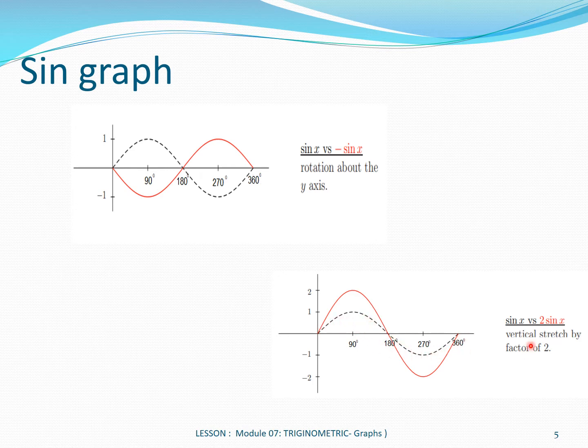Okay. Look at what happens if you change the coefficient, or rather the amplitude of the function. It says 2. So the turning point there becomes 2. Okay. So that's what happens when you change the amplitude.